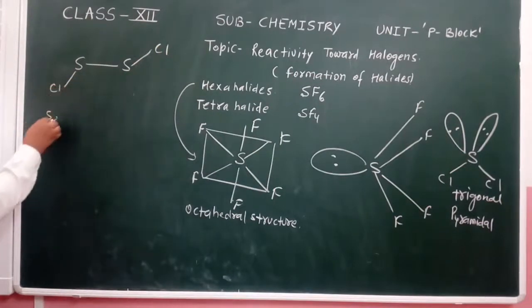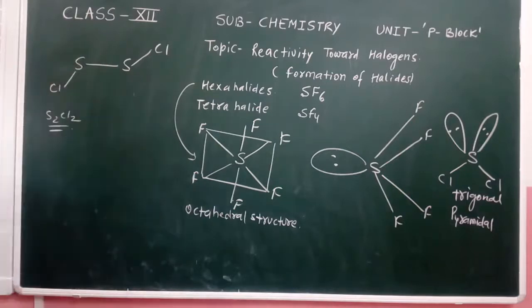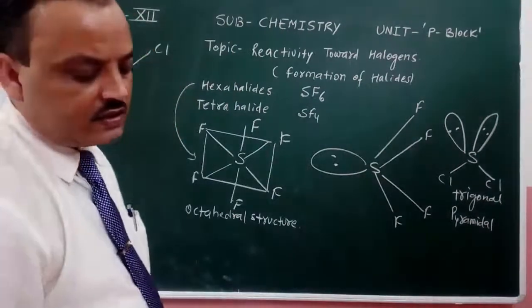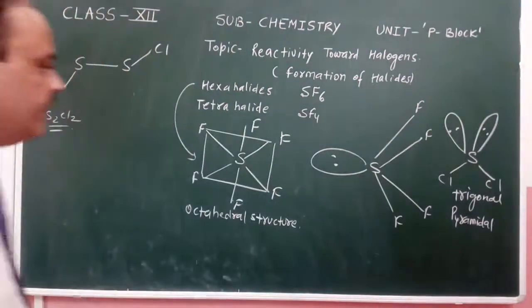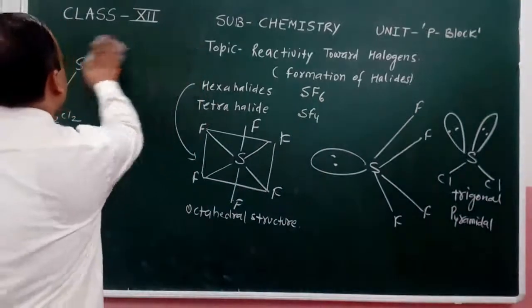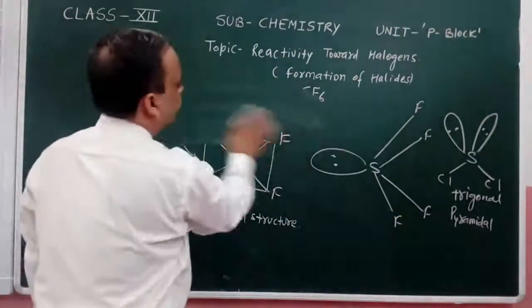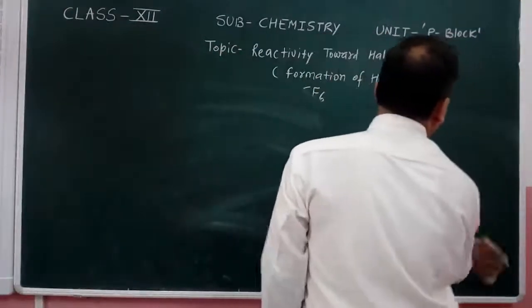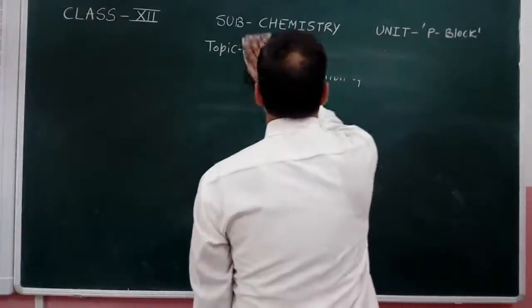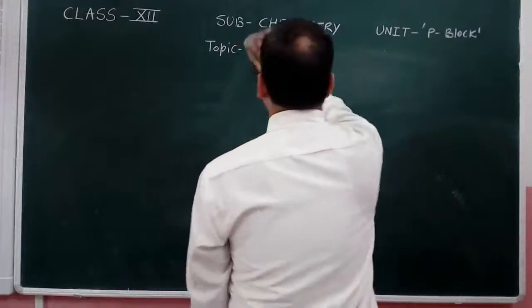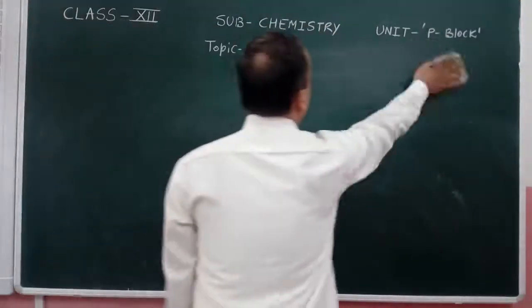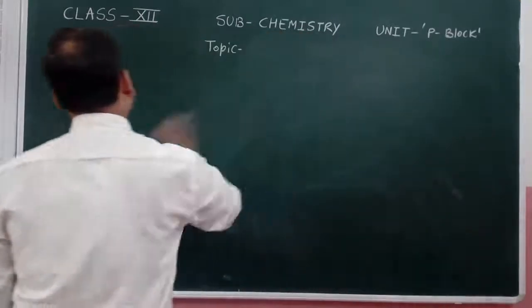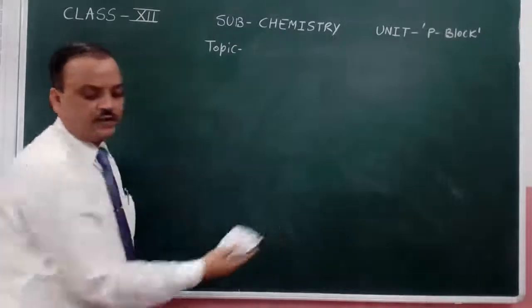These kinds of structures we have in these halides. So this is the general thing related to properties or reactivity towards the halogens, the formation of halides with different elements.